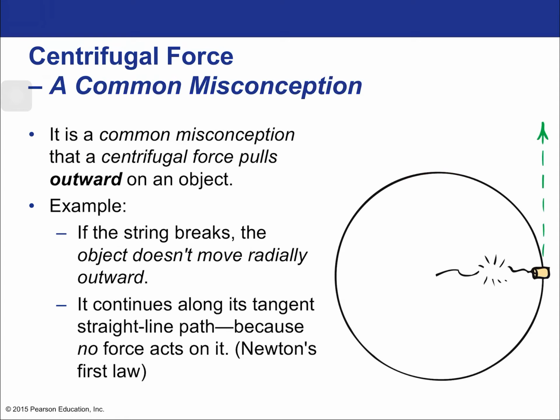In fact, it continues in a straight line path because there was never a force acting on it outward. Okay? Newton's first law. It has to continue in the direction it was moving because now there's no more force acting on it. Okay? So the fact that the object moves in a straight line if the string is broken is a testament to the fact that the centrifugal force was never there, that it was just an apparent force.